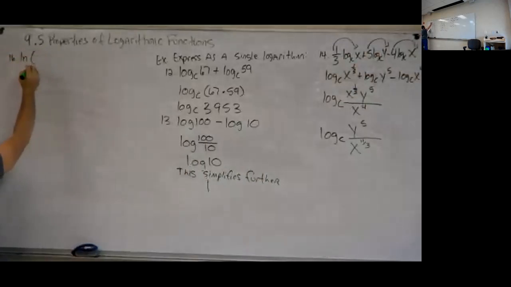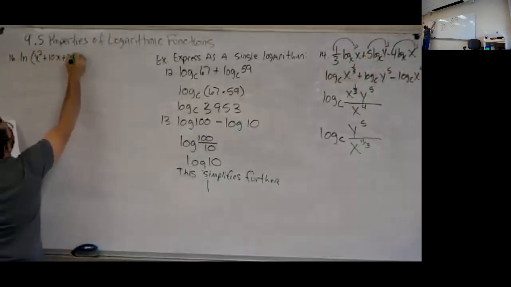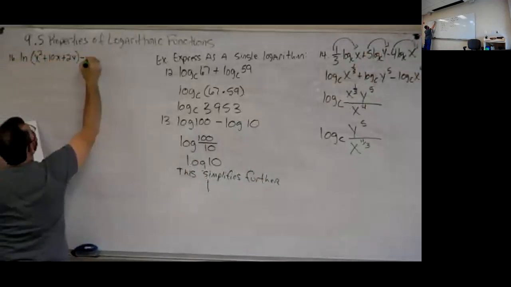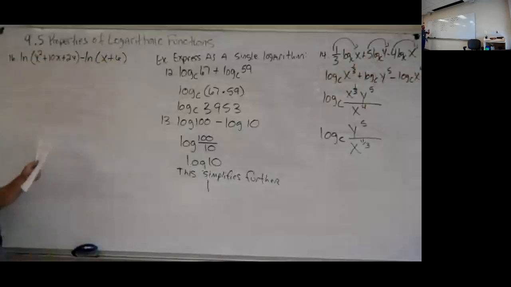ln of x squared plus 10x plus 24 minus ln of x plus 6. Is that 24 or 2y? 24.